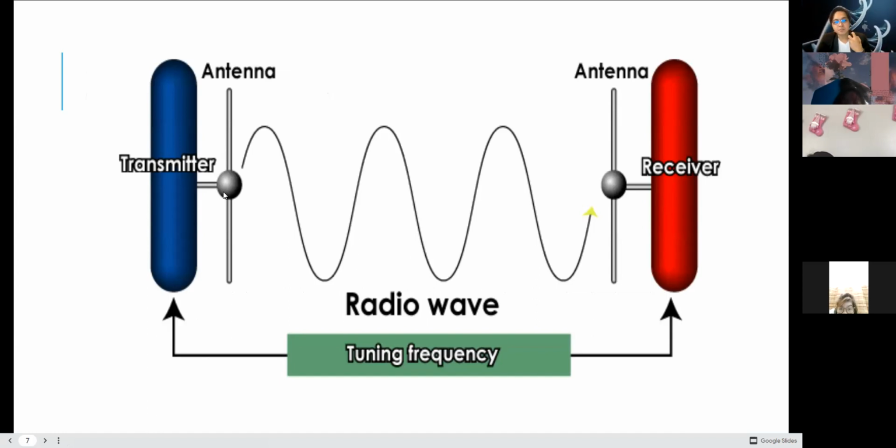Once it transmits information or audio, for example in a walkie-talkie, the receiver receives the information. This is how we use our television, our radio, phones, and transistor radios. This is the reason why they have antennas, to transmit and to receive.